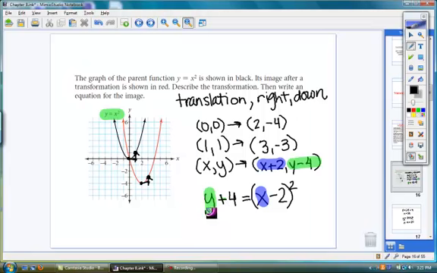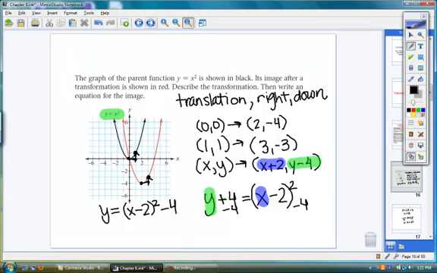So now you look here, you've got your equation, and sometimes it's nice to have it in the y equals form. So maybe we're going to subtract 4 from each side, and we've got our final equation, y equals (x minus 2) squared minus 4. And now there's an easy way of getting any point on the image.